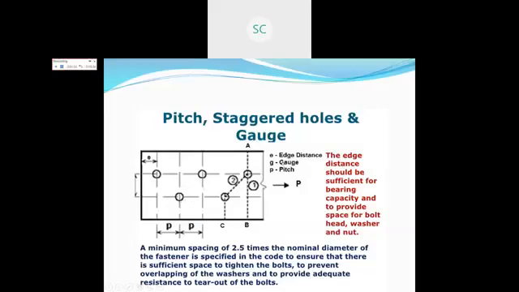The distance between the two bolts parallel to the applied load is called pitch. So you must know what is pitch, what is gauge, what is edge distance, and end distance also, e dash. It is not shown in this figure.